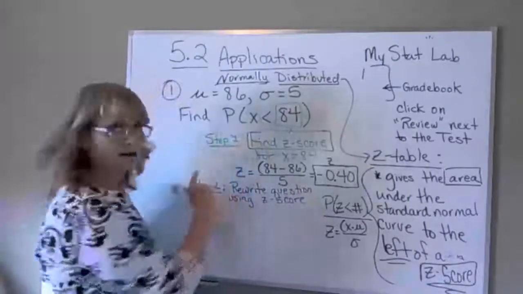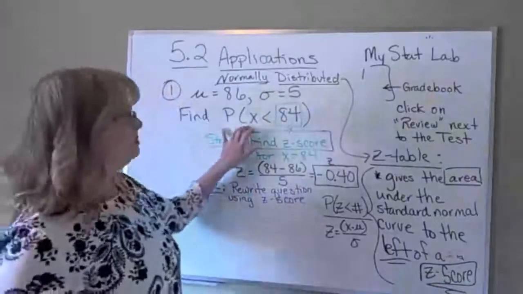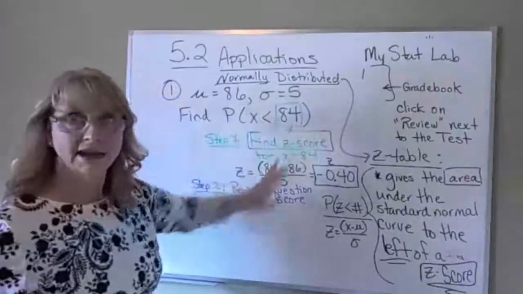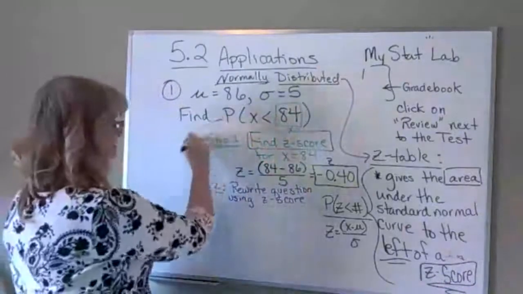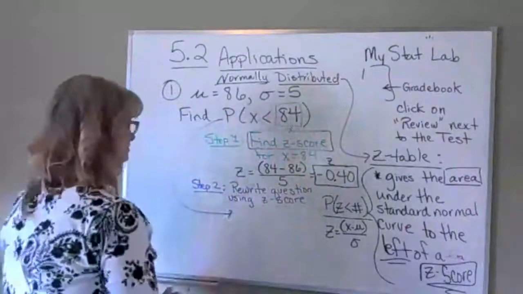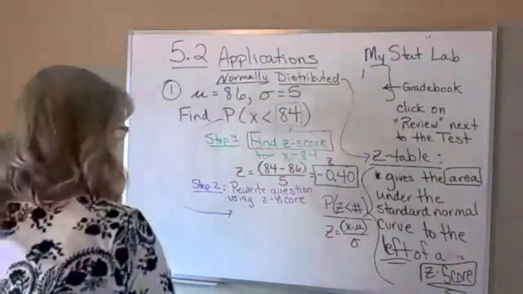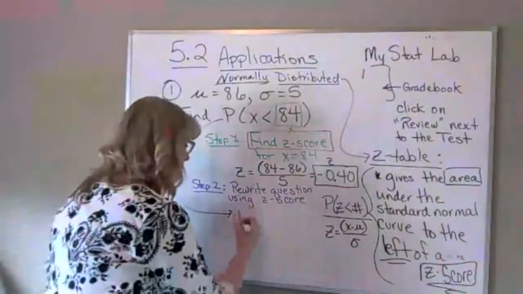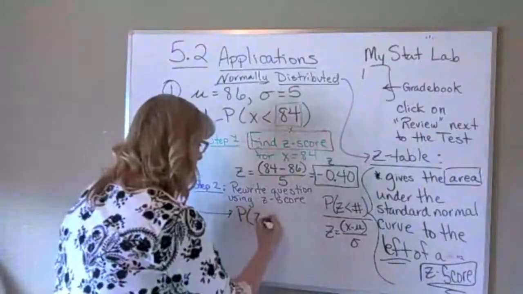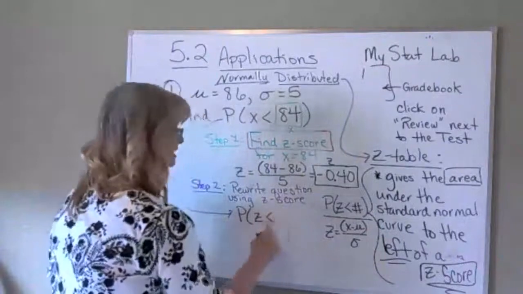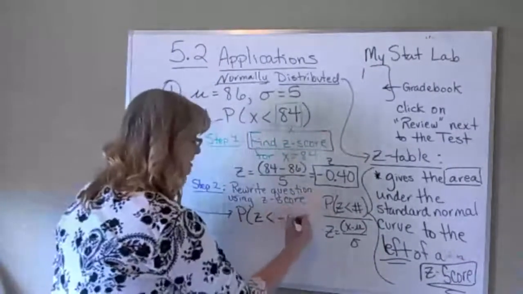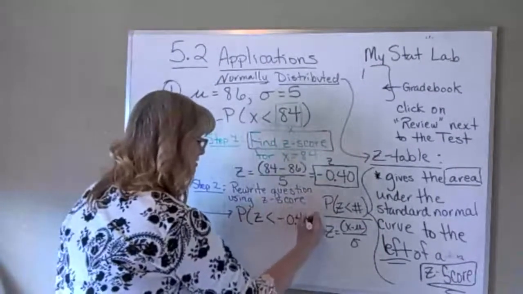So the question said, find the probability that x is less than 84, which becomes the probability that z is less than negative 0.40.